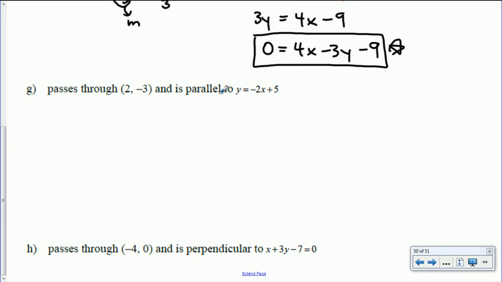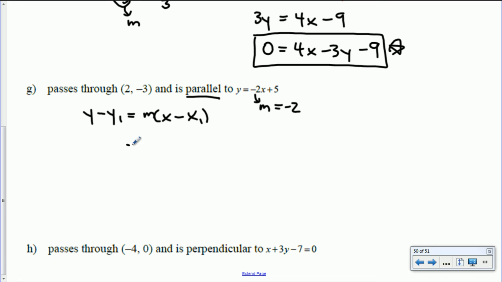3g. So something passing through (2, -3) and parallel to this. Okay, so that's great. We know the slope is negative 2 because that's slope y-intercept form. Passing through this point, so I have a slope and I have a point. We should use point slope form, m times x minus x1.